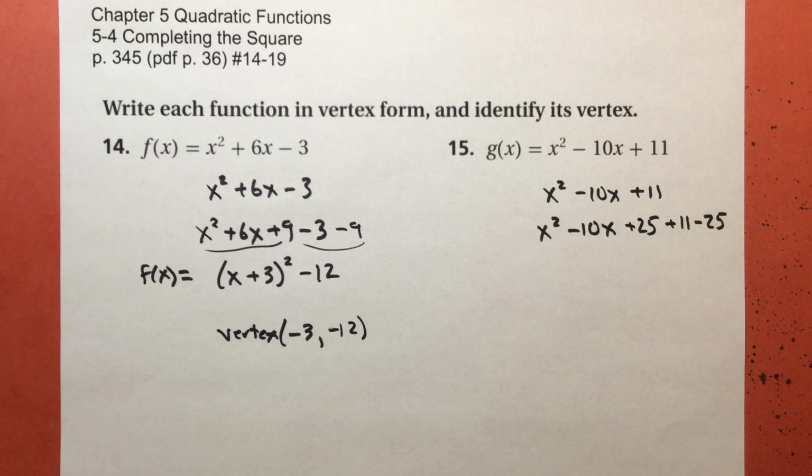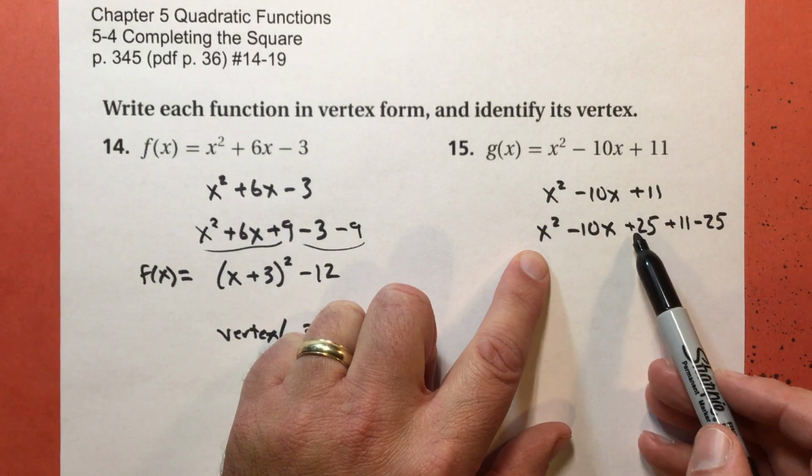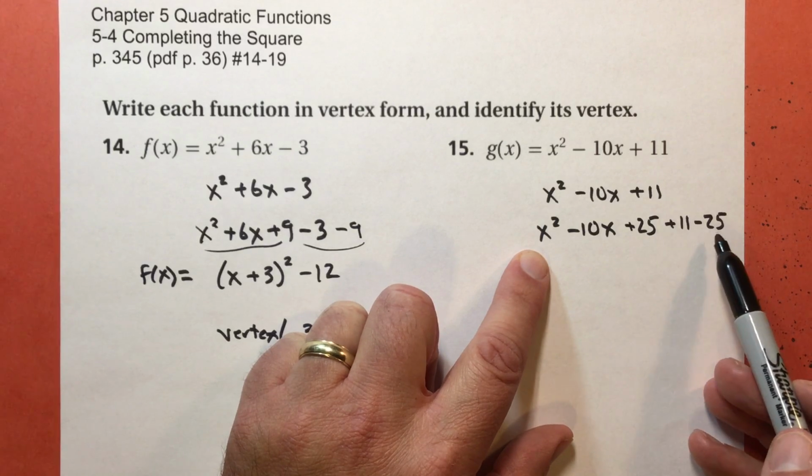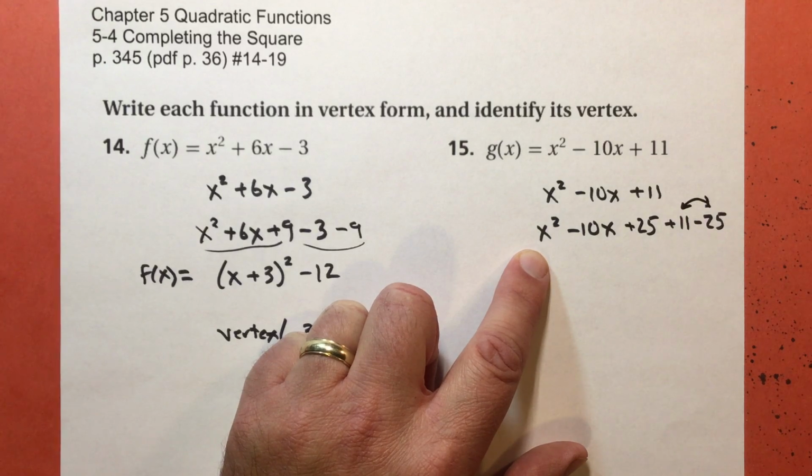But when you're learning this for the first time, I don't want you to get caught in the weeds, so to say. So one thing you could do is just do x squared subtract 10x plus 25 minus 25 plus 11. So I could have turned these two things around. That doesn't matter.